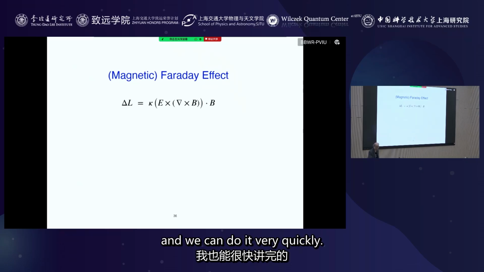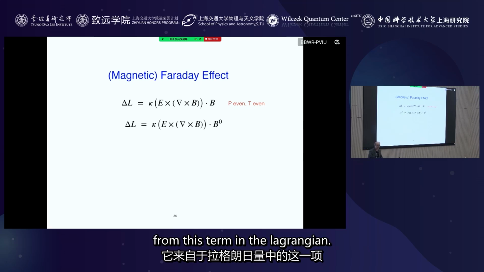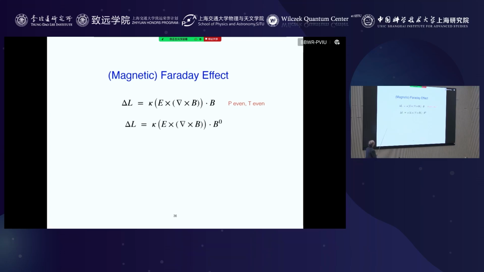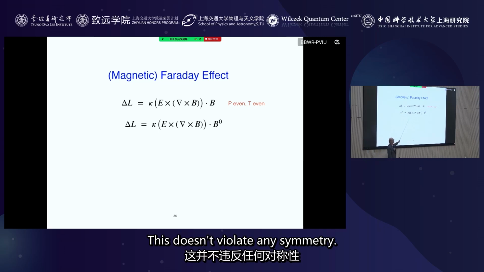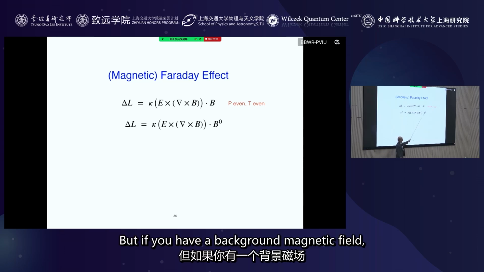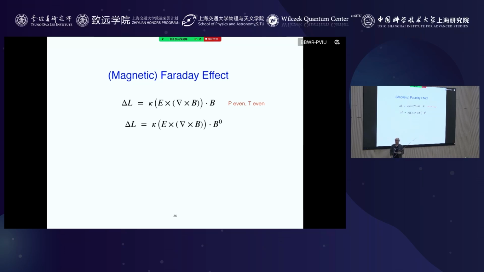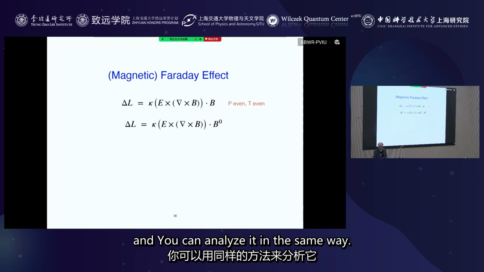Related to this, and we can do it very quickly, is the magnetic Faraday effect. That comes from this term in the Lagrangian. This doesn't violate any symmetries. But if you have a background magnetic field, you're getting something that looks very much like the optical activity we had, and you can analyze it in the same way.